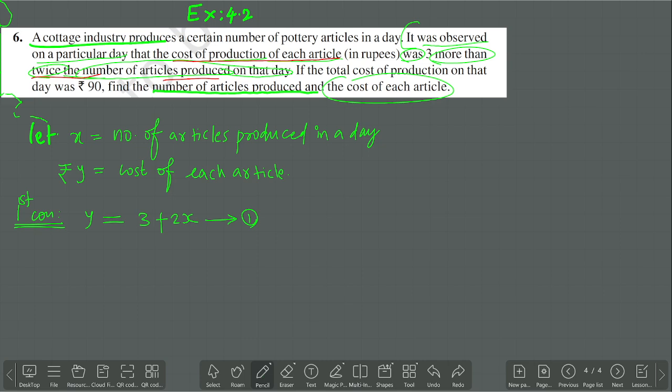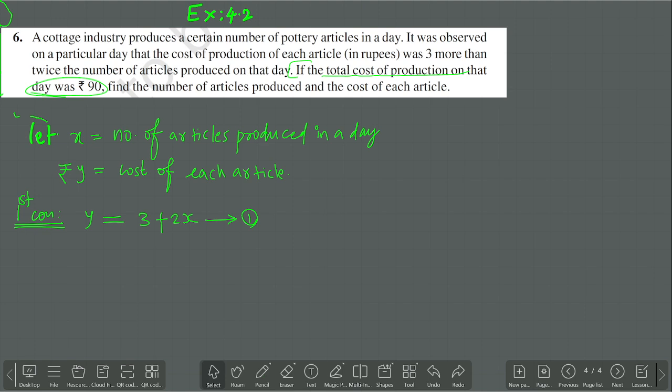Right. If the total cost of production on the day was 90 rupees, then the number of articles is x, and one pot amount is y. When you multiply, you get the amount earned on the day. That amount only they have given, 90 rupees.